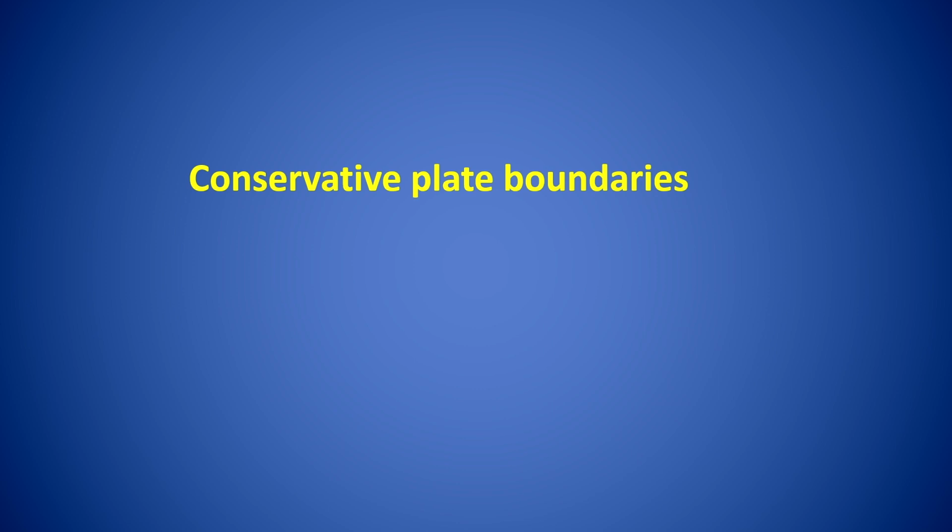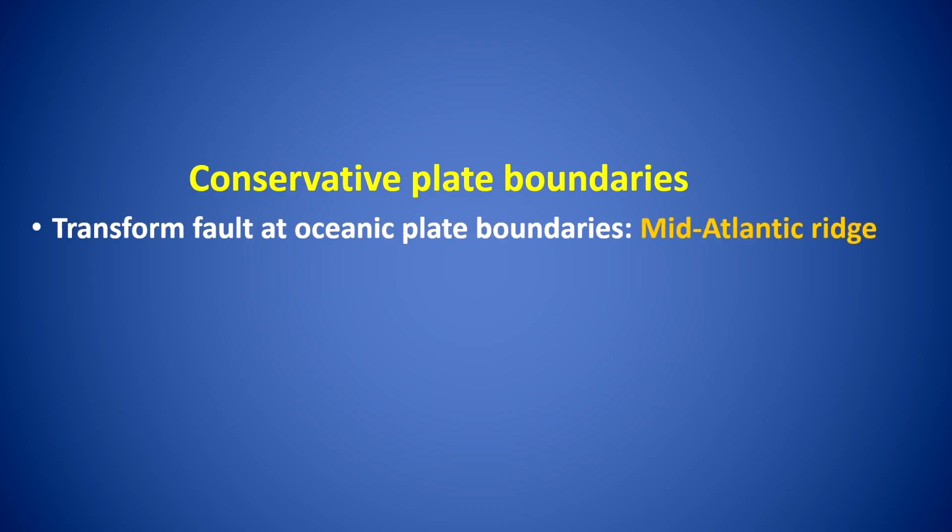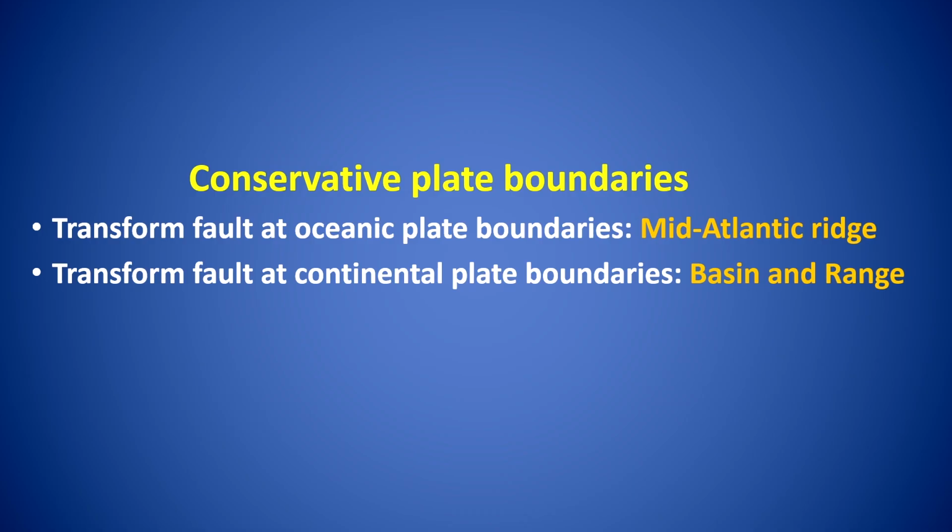So, we can classify these as conservative plate boundaries, and these are the transform faults at oceanic plate boundaries, the mid Atlantic ridge or mid oceanic ridge, where the spreading center is basically seen. Okay. And then transform faults at continental plate boundaries, basin and ranges, which will result in the formation of that.